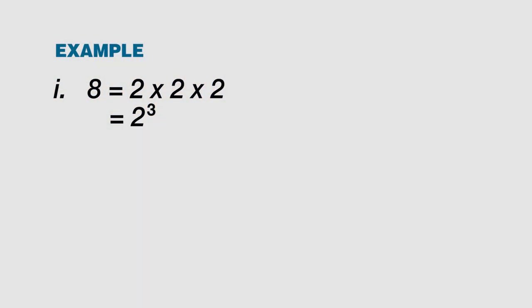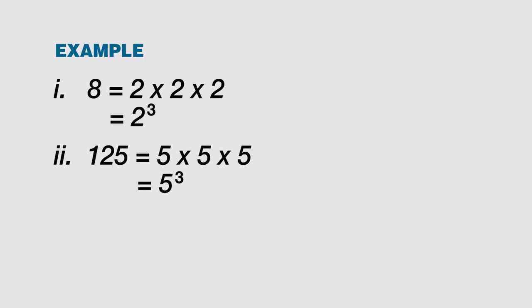Now, you have learned in your junior high schools and in year 1 that numbers can be written as repeated factors. For example, 8 is equal to 2 times 2 times 2, which can be written as 2 to the power 3 or 2 to exponent 3. Again, 125 can be written as 5 times 5 times 5 or 5 to exponent 3.